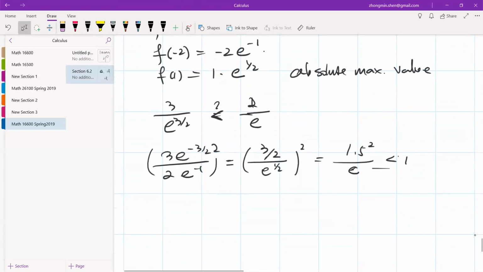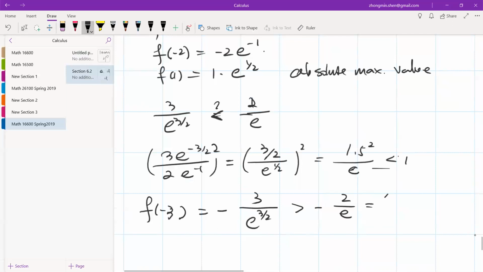Okay. But the value at negative 3 is going to be negative. It's going to be negative 3e to the negative 3 over 2. So this should be greater than, right? Which is f of negative 2.